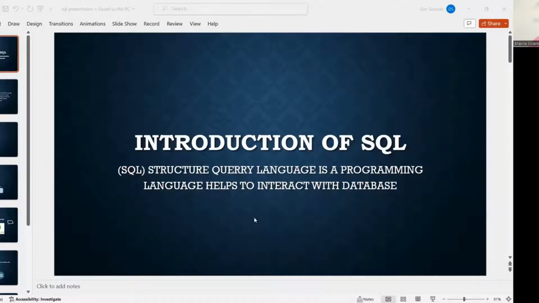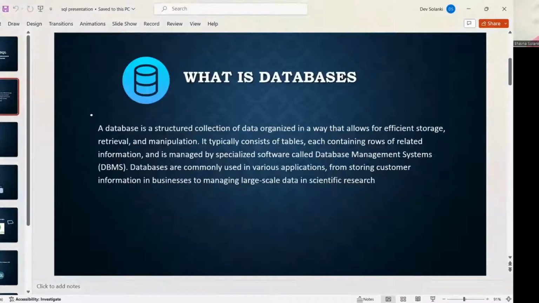To make any changes in these databases, the computer needs one language that is known as SQL, structured query language, to interact with databases. It was developed by IBM in the year 1978. But we will learn more about it in detail. Before that, we need to understand what is databases.